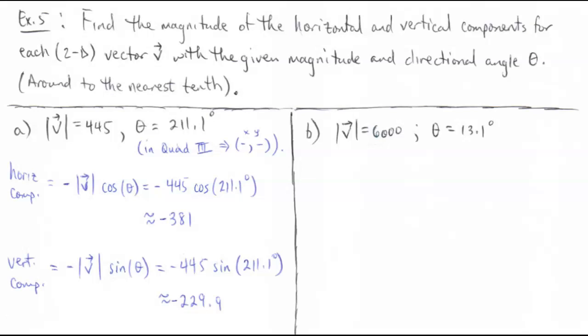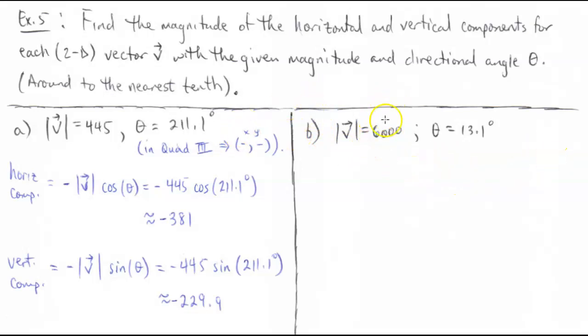Whenever we need to do dot product or cross product later on, it's possible that we're going to have to do this sort of thing too. So it's good to be able to figure out the horizontal and vertical components for a particular vector. Okay, so I'm going to go ahead and do B first, and I'll come back to A.